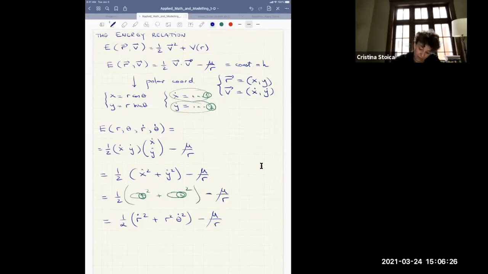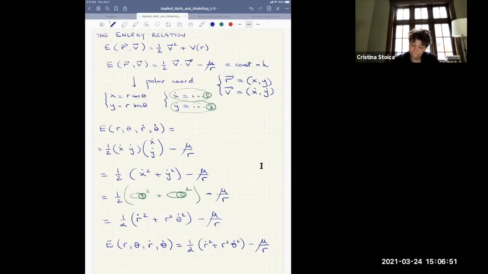So in other words, if you do the calculation, you're going to discover that the energy in polar coordinates has this formula. And I honestly advise you to do the calculation because you have a final coming. This is the kind of stuff that I can ask. There is nothing hard in it, you just do a calculation.